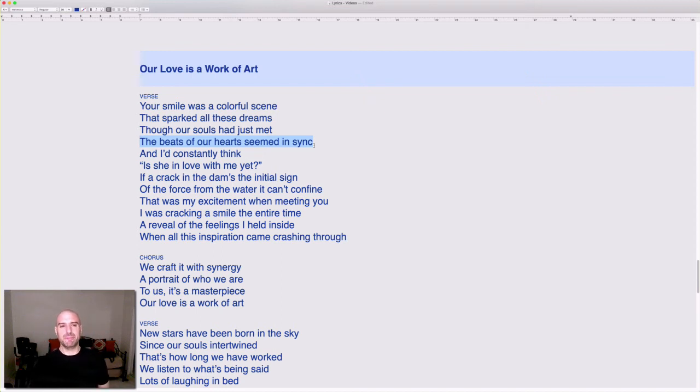Heartbeat is probably the most common of what you would use in a song as far as the organic sense goes, but you could just start to think about the things that you would feel inside your own body as a way to draw the listener in. Even the idea of breathing or heavy breaths or anything like that would be a good example of this as well. So now you even have these two other senses that you can use in addition to the original five.